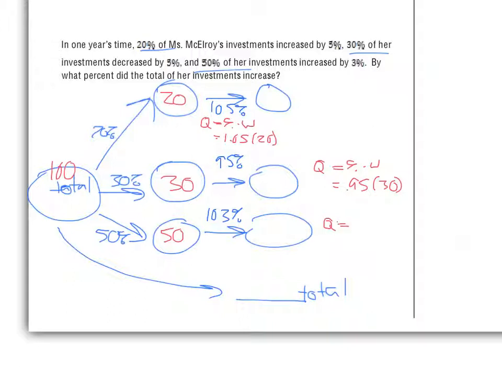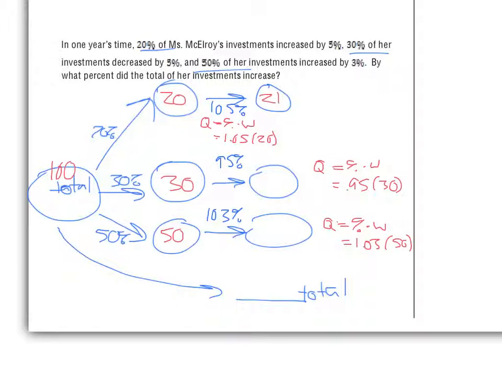Q is equal to percent times whole, so it is 1.03 times 50. So we should get for this one, up here, $21.